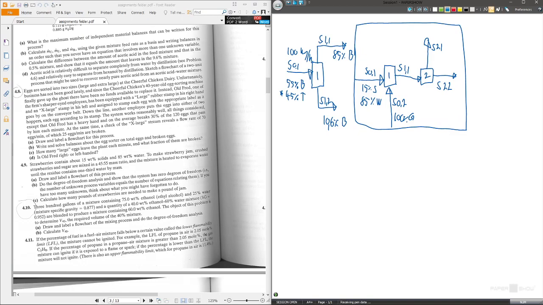We mix them together. So in stream 1.1 we actually don't know anything about the compositions really. In 2.1 we know that that's the water we're evaporating, so here we'll have 100% water. And in the final stream, we actually are only told that a third of that stream is water. So that's what we know from the start.